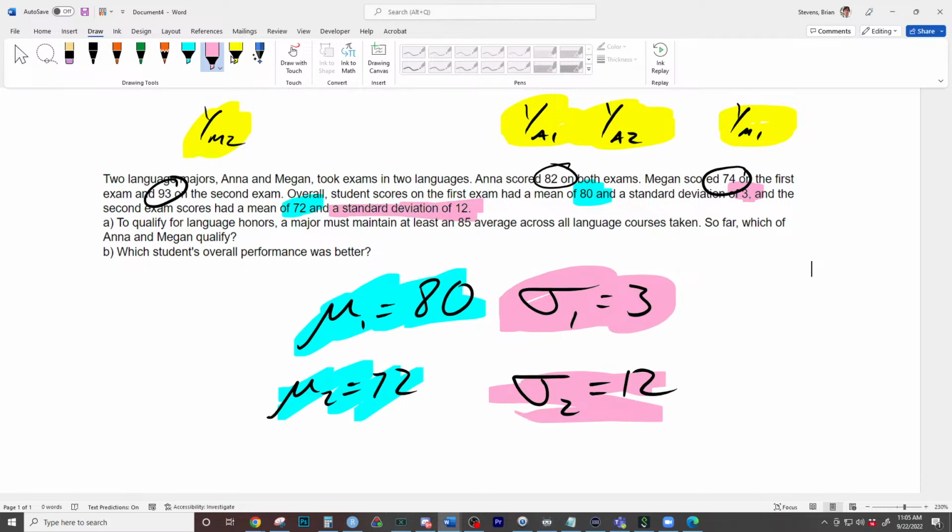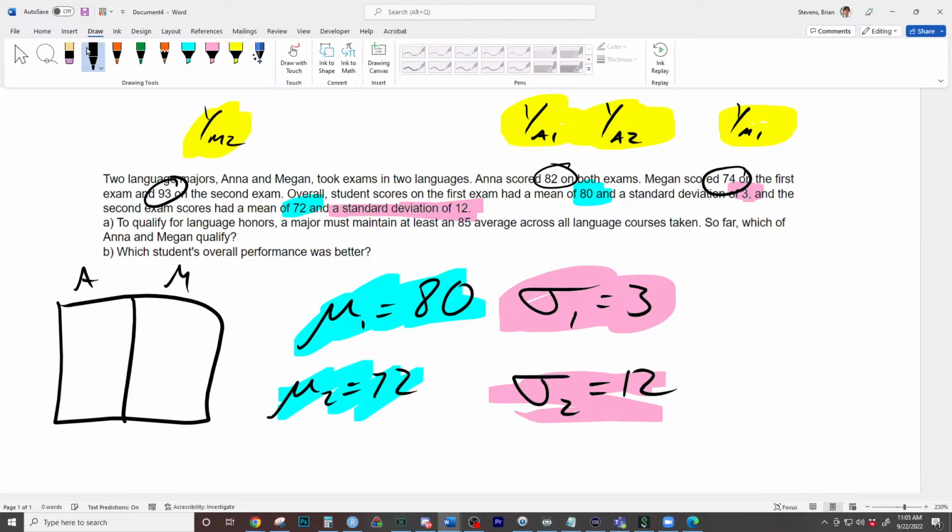To qualify for language honors, a major must maintain at least an 85 average. So the easy question here: all we have to do is find out the what's for each of these students. We've got Anna and Megan.